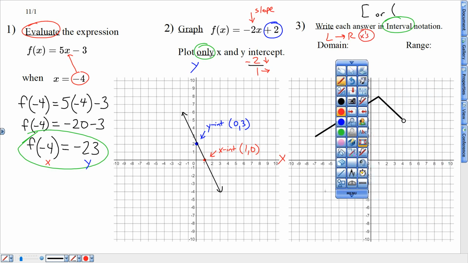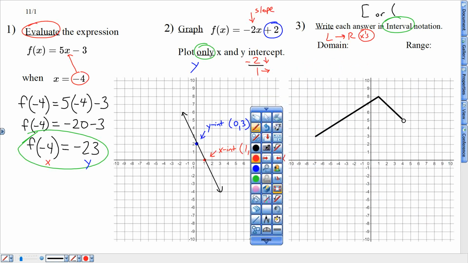So if I look, the far left of this graph data on the x-axis is way over here at -7. That's the far left boundary. If I look at the right boundary, it's over here at 4. That 4 is the right side of my boundary. It's going from -7 to 4.